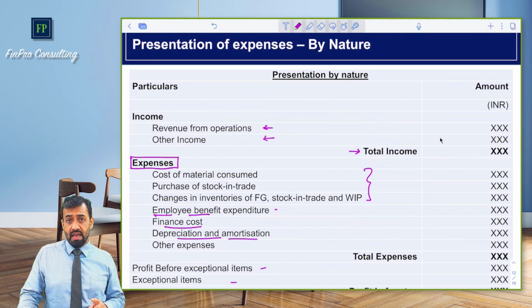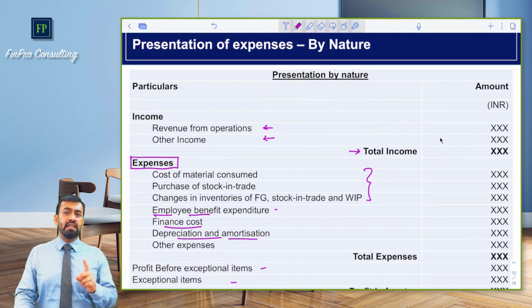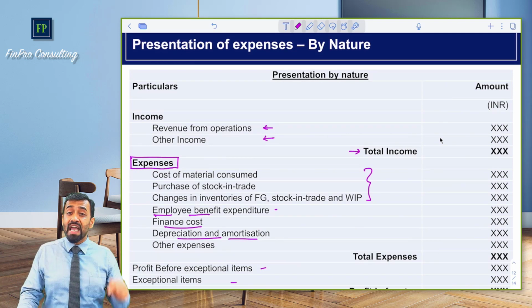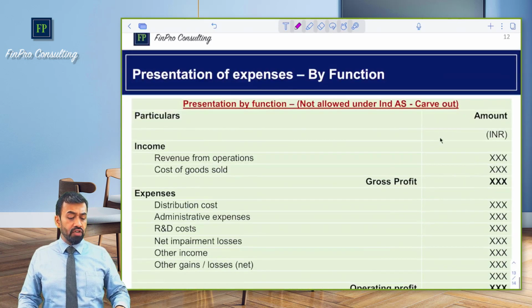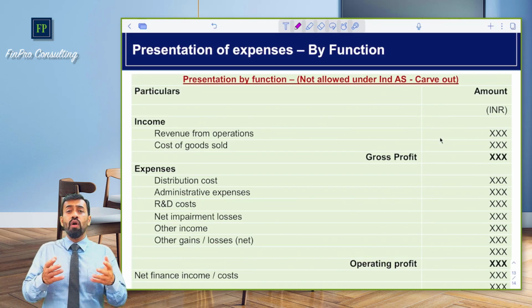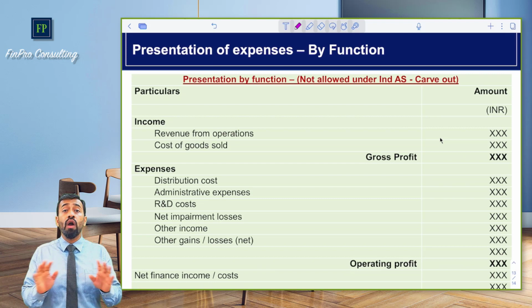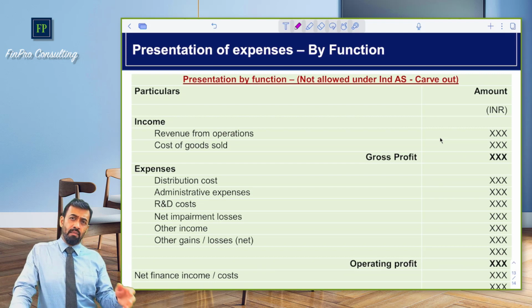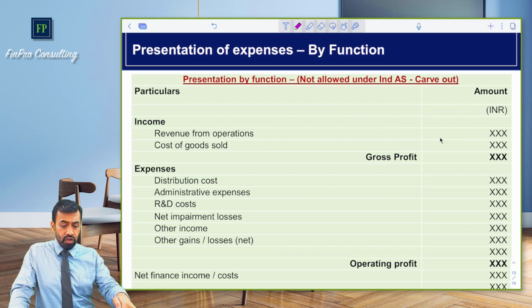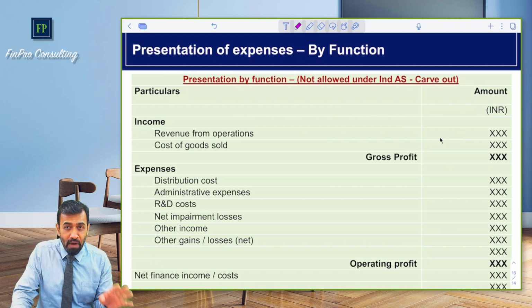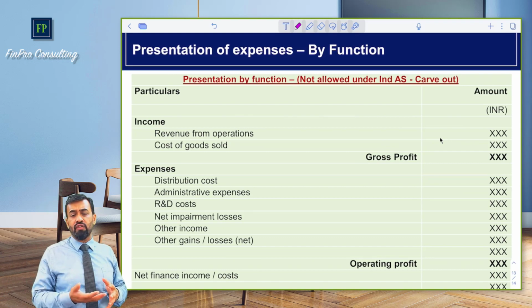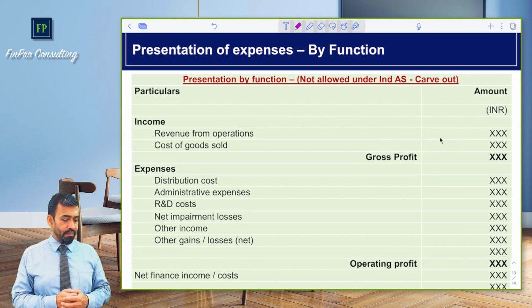The entity will always present its expenditure in the statement of profit or loss account by its nature. Presentation by function is not allowed, which is allowed under International Financial Reporting Standards worldwide. IFRS allows entities to present it either by function or by nature, and most commonly used is by function and not by nature. It's only in India that we very commonly use the presentation of expenditure by nature.